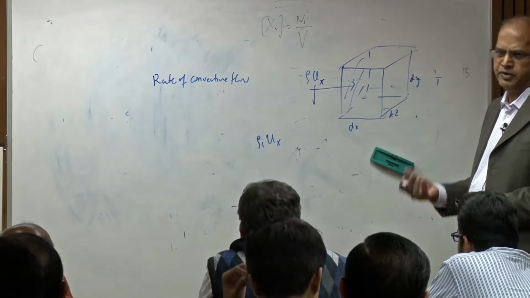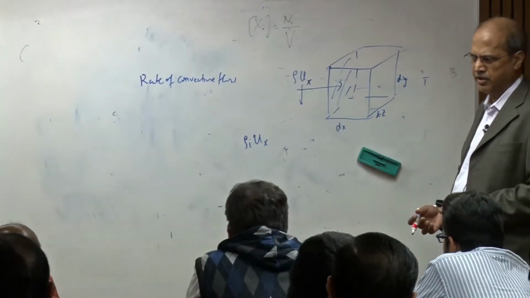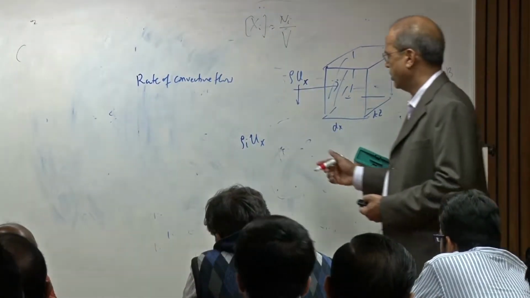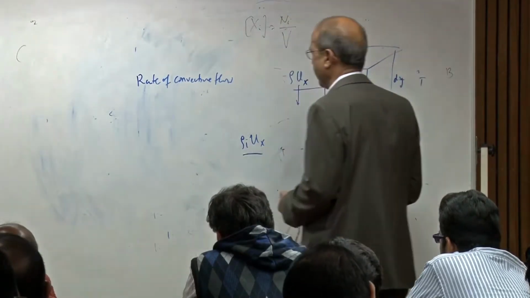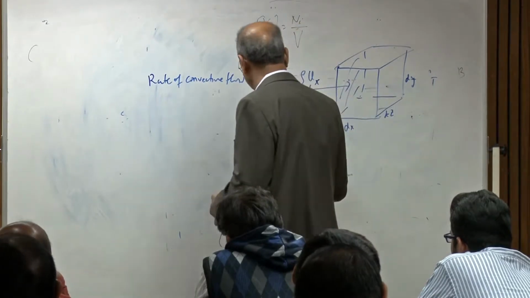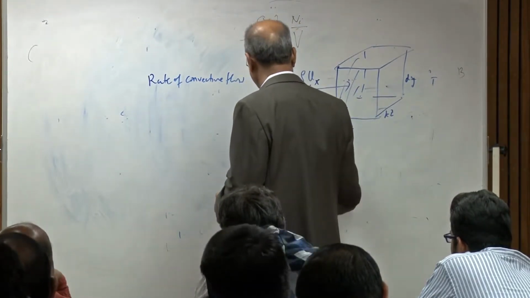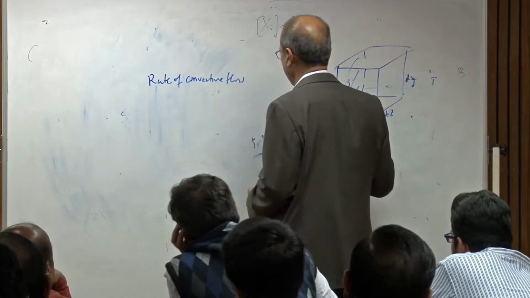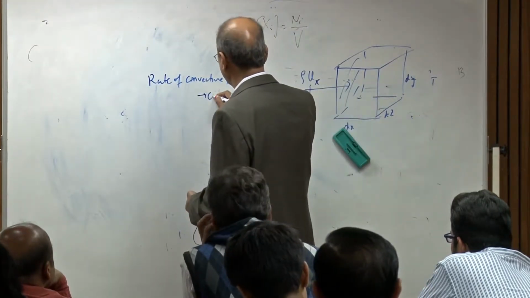So now it becomes a species mass flux, species I. So we'll use this also, for species like this. Now, what about diffusive flux? So this is the convective flux, or convective flow rate.